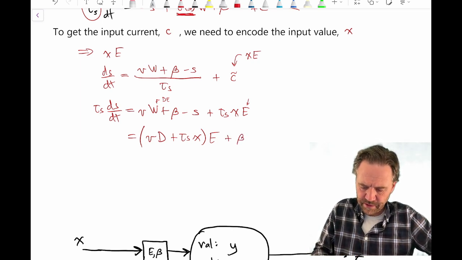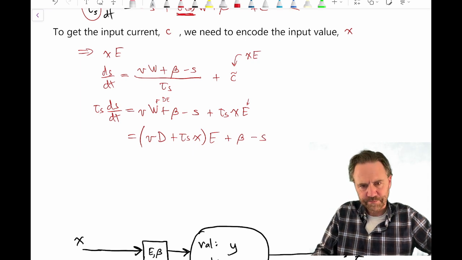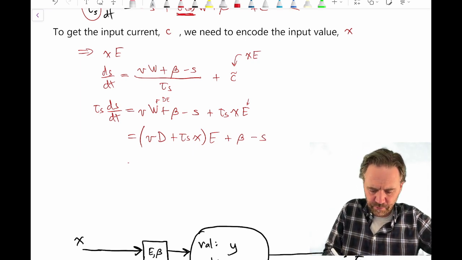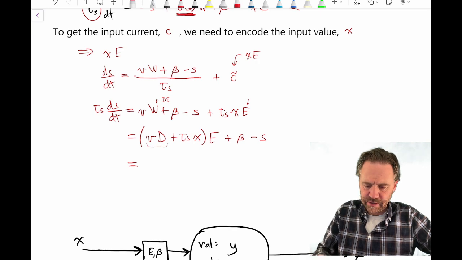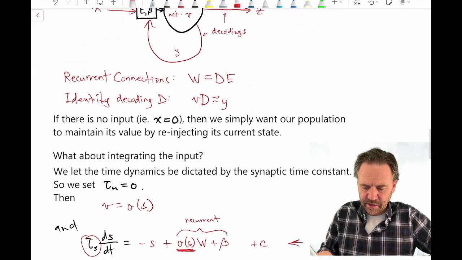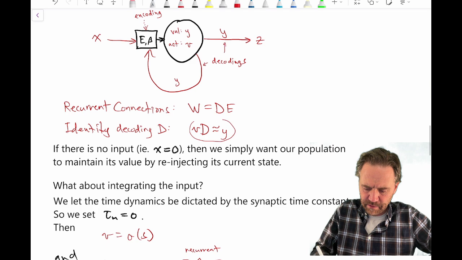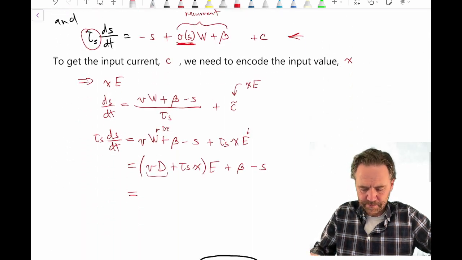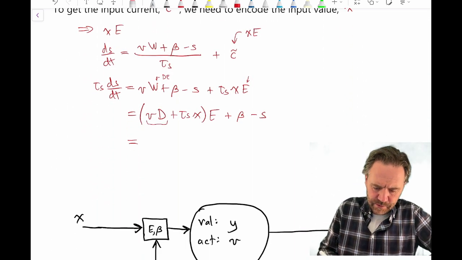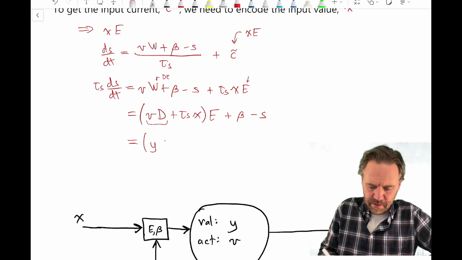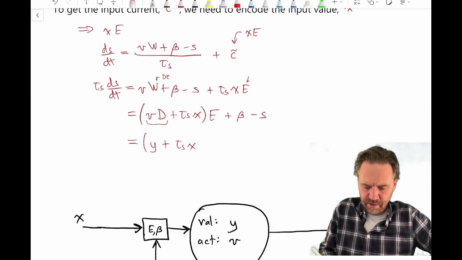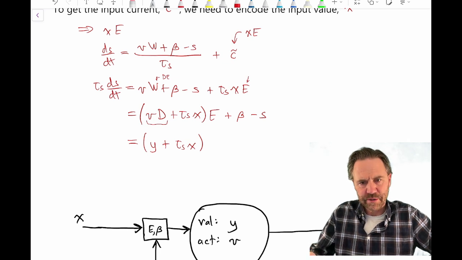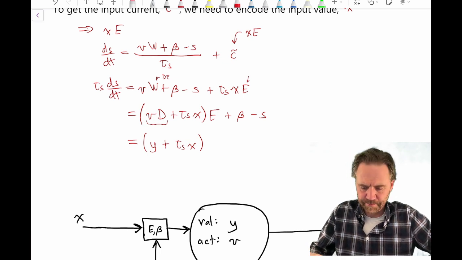Then we have plus the biases minus S. So what are these pieces? This V times D here, that's basically just the internal state that's being re-injected. So I can write that as Y. And this part here, tau S X, that's the input scaled by the synaptic time constant.